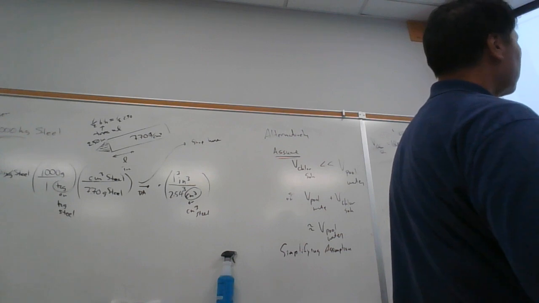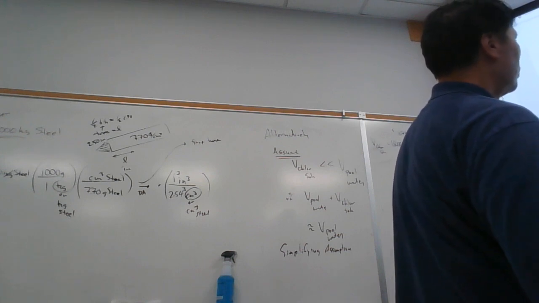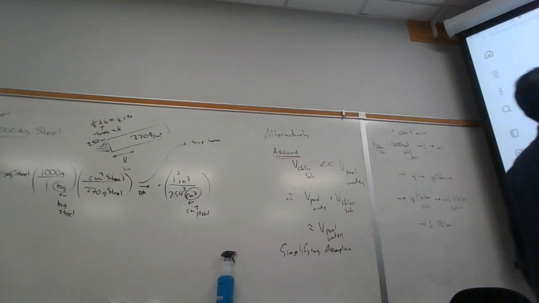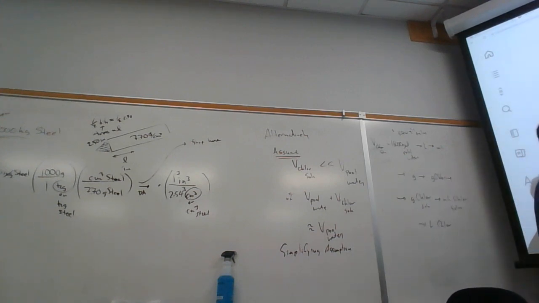Magnetism, static electricity. Do you know what this law is called here? Equation B13. Very famous. We use this as a first approximation, and we kind of simplify it. But do you know what this law is?